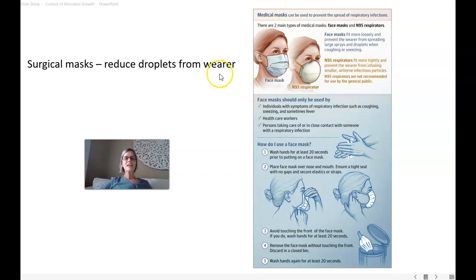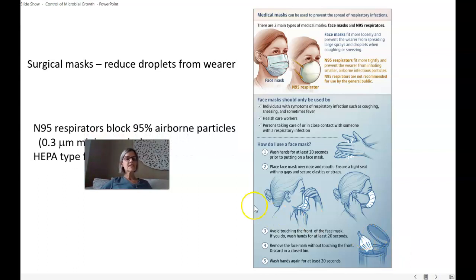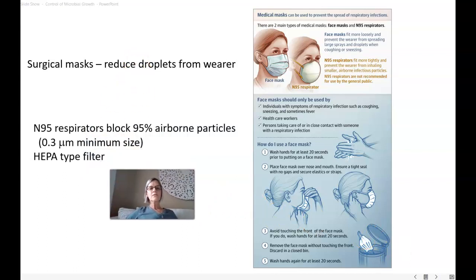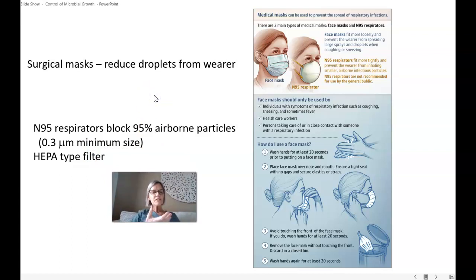And one of the things that I think most people know now is that when a surgeon's wearing a surgical mask, what they're trying to do is reduce the spread of droplets from them into the patient.